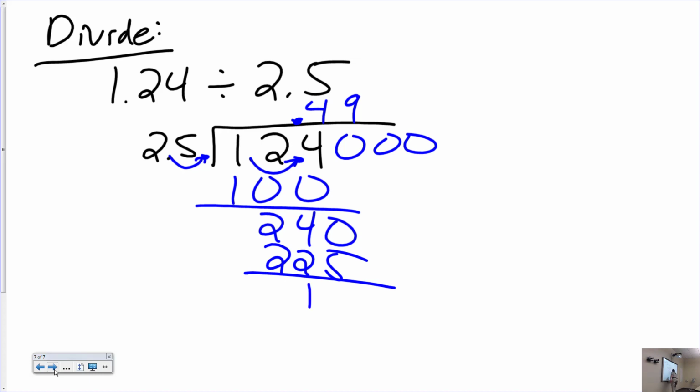Last but not least, how many times does 25 go into 150? Six. And here's our result. 1.24 divided by 2.5 is 0.496.